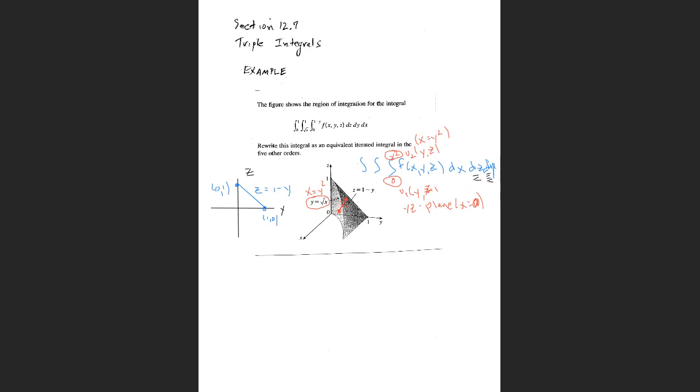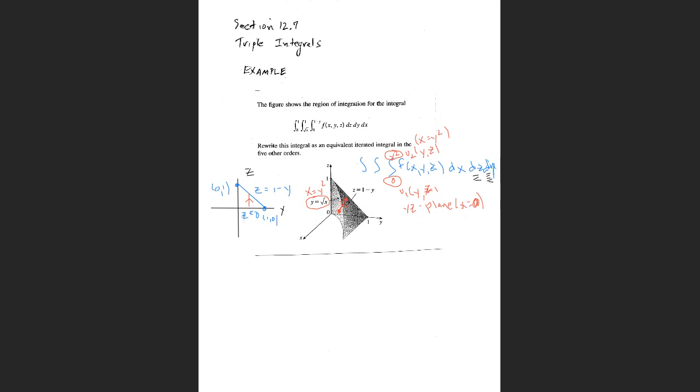Now, if you're doing dz dy, you're going from the line z equals 0 to the line z equals 1 minus y.